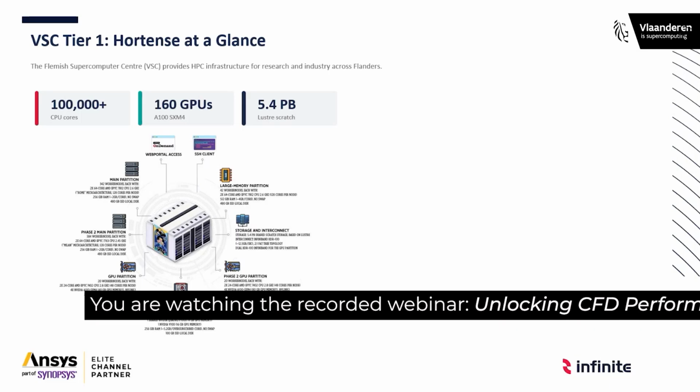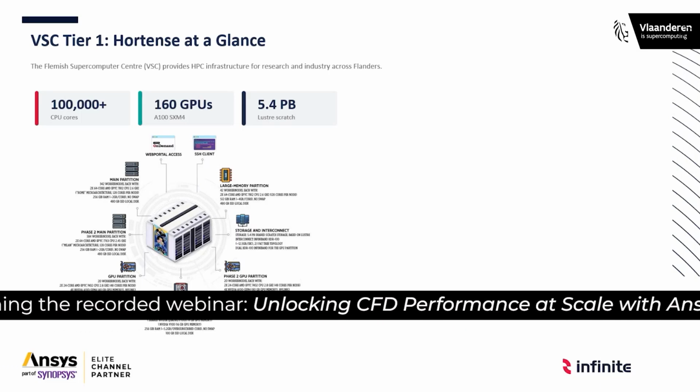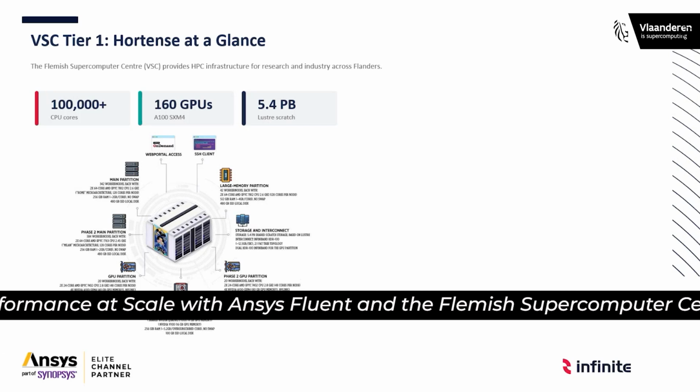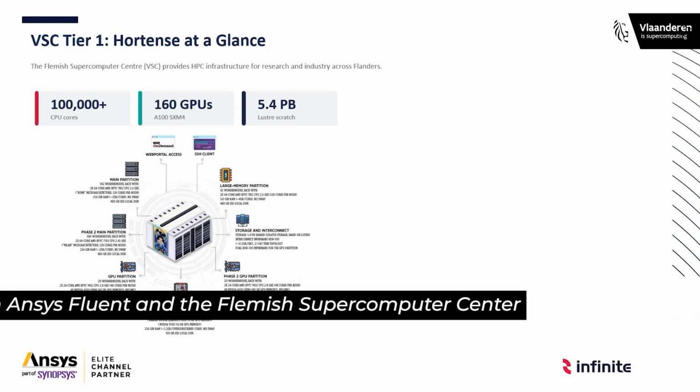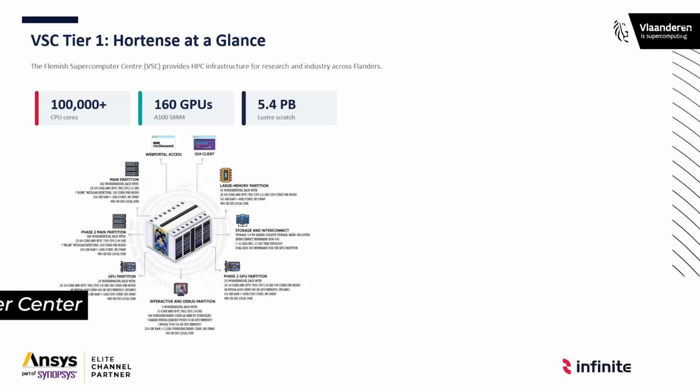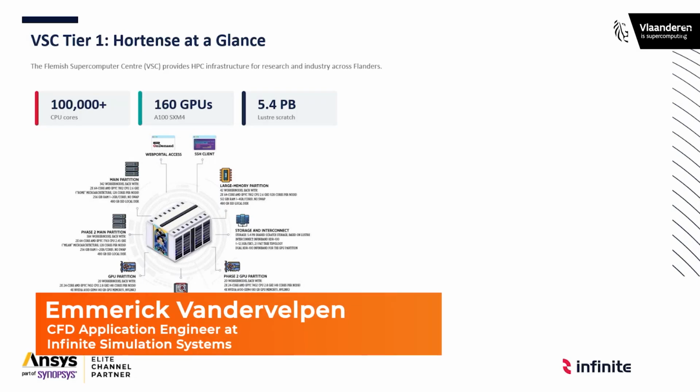So the VSC, Flemish Supercomputer Center, provides HPC infrastructure for researchers in Flanders. They have more than 100,000 cores, 160 GPUs, the A100 with 80 gigabytes, and they have an impressive 5.4 petabyte of storage.